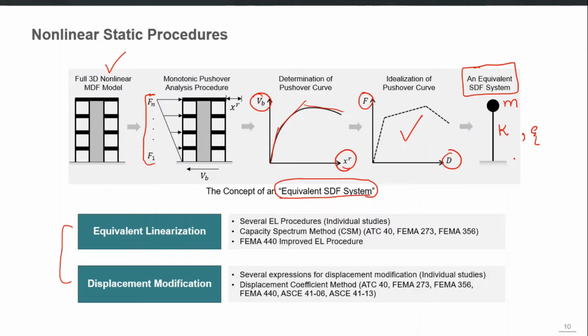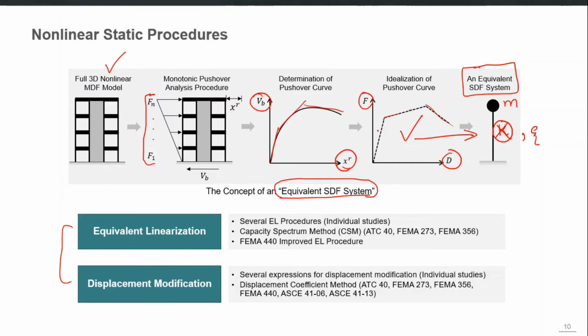But now if we replace this K, which is a constant K, with this force versus deformation curve, which is a nonlinear curve, which is telling us that up till some time the structure will remain linear, then it will become plastic, then it will go down from the ultimate point.